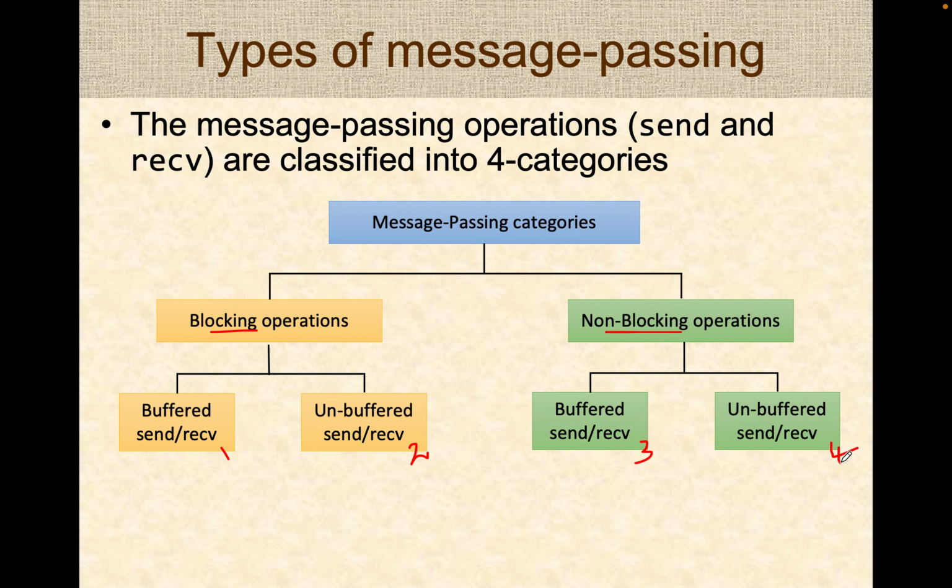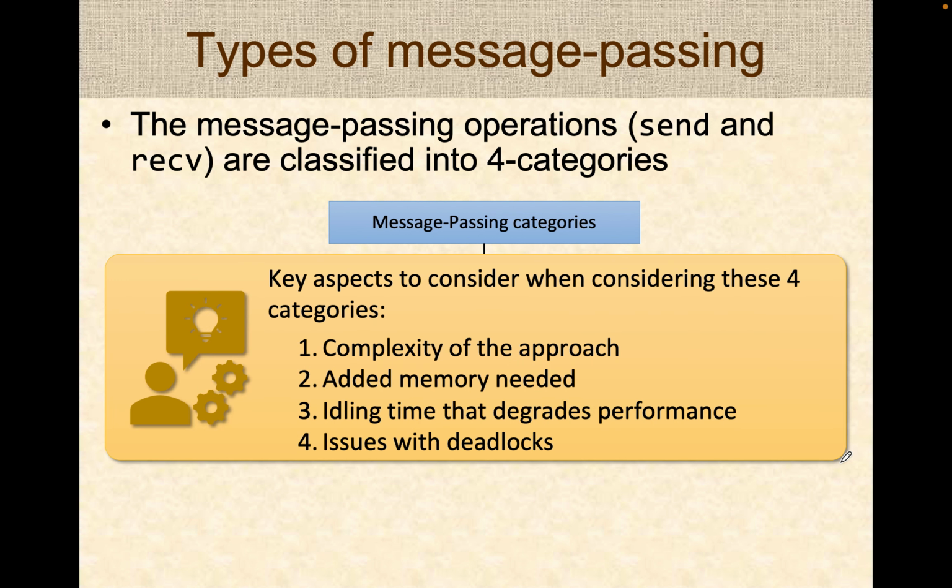Specifically, we'll talk about the complexity of how to implement or support these approaches. We'll speak about how much extra memory is needed for these operations. We'll talk about idling issues that degrade performance. You don't want too much idling. And of course, issues with deadlocks and such. So we're going to talk about these four issues for each one of the four categories that we mentioned.